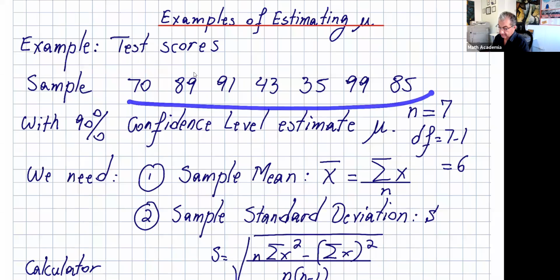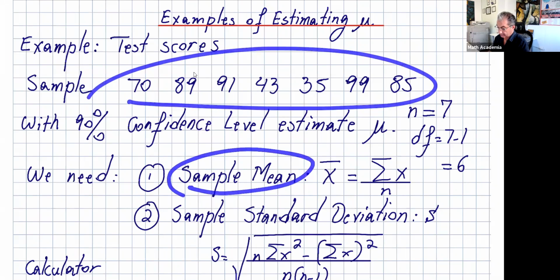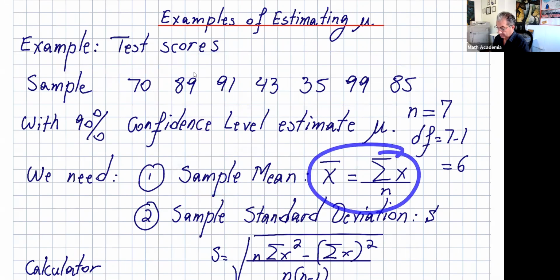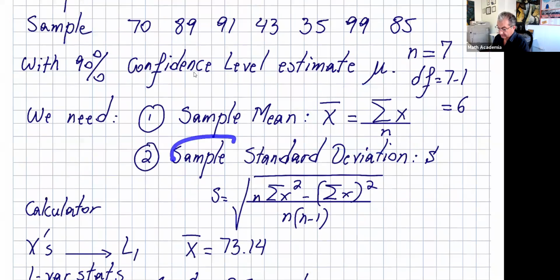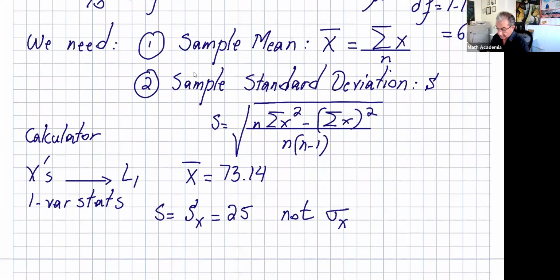What do we need in this case? We need the sample mean. We can calculate with that formula. We need the sample standard deviation. We can calculate by using this formula like we did in the beginning of the semester. Or if you want to use your calculator, put your x's, the test scores, in L1 and just use one var stats.